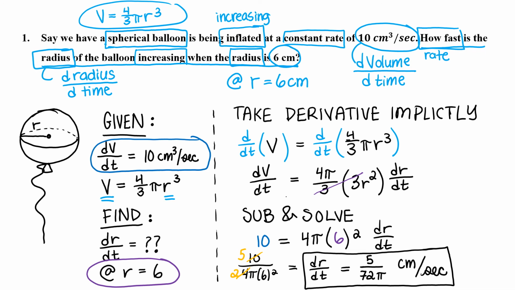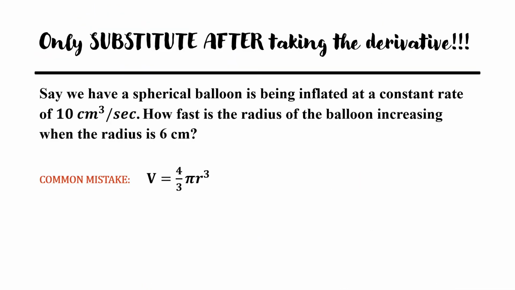I want to give you a cautionary tale of a very common mistake. Only substitute after taking the derivative. So only substitute in a momentary constant after taking the derivative.